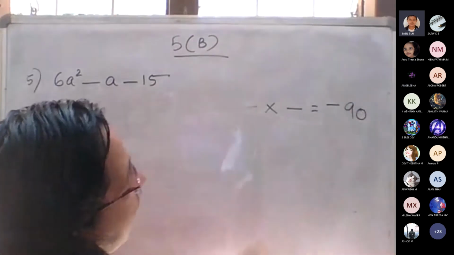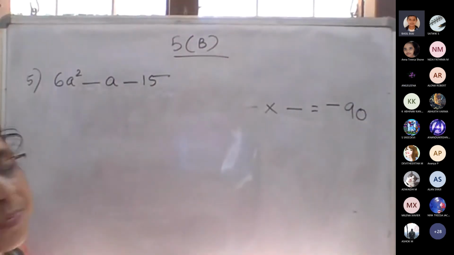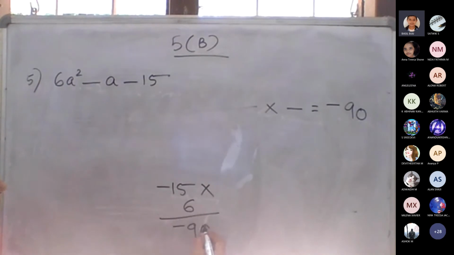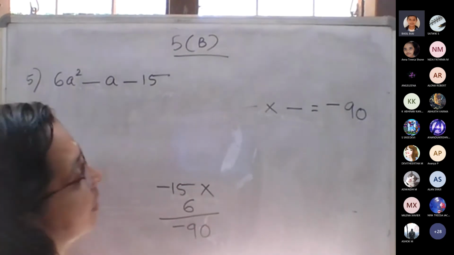How are you getting that negative 90? Please explain. Negative 15 into 6, so it is negative 90. So that part is okay. Then next.